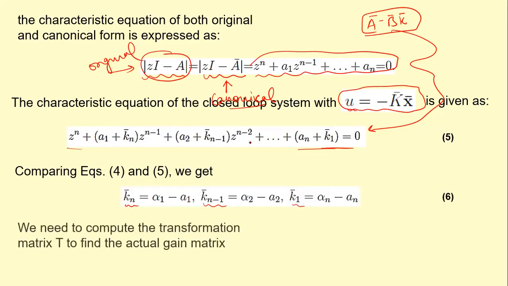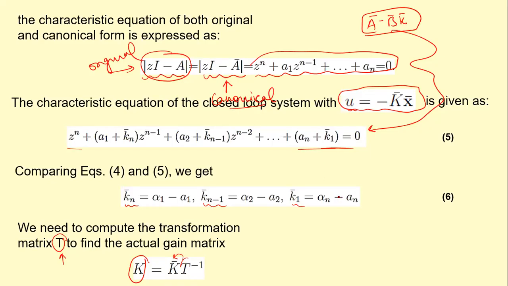And this is, for example, some equation 6. So to get the actual state feedback gain matrix, we need to find out the transformation matrix T, and then multiply its inverse with the companion form gain matrix, and we will get this K, right? So these are the steps.